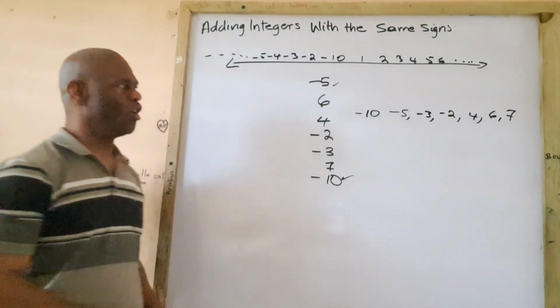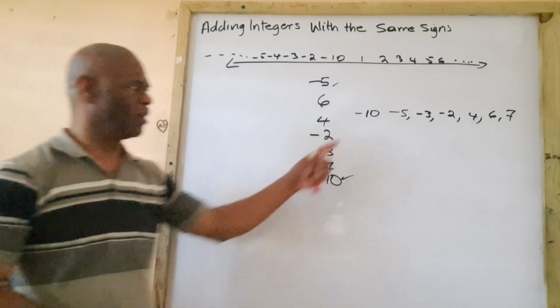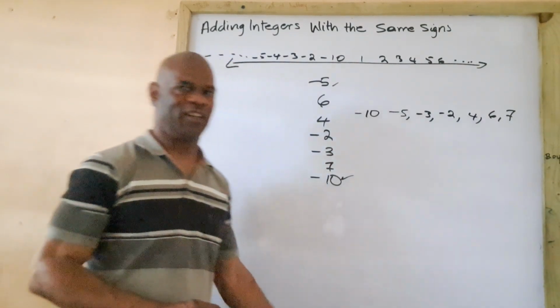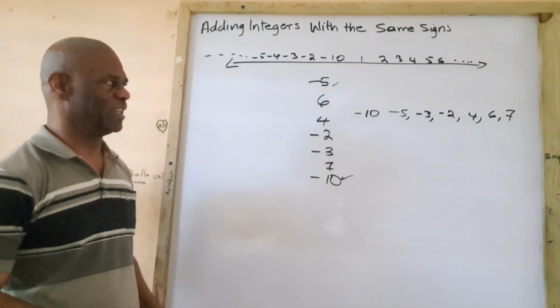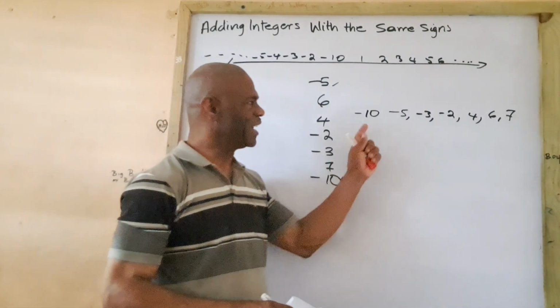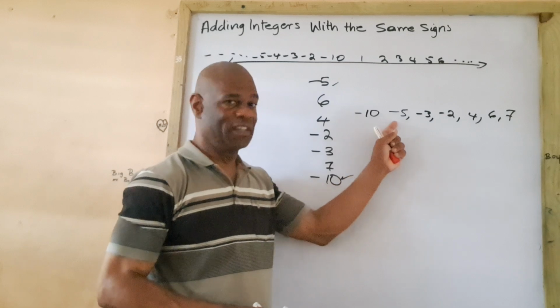So we have all of them in terms of size from the smallest to the largest. And so we must understand then that -10 is smaller than -5.